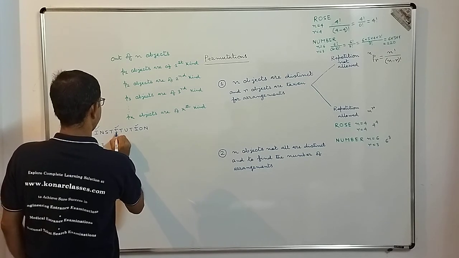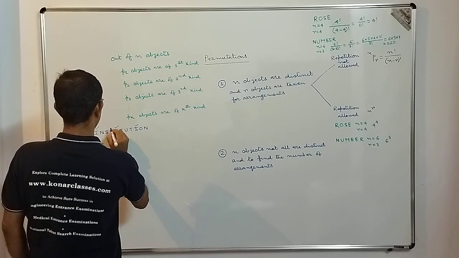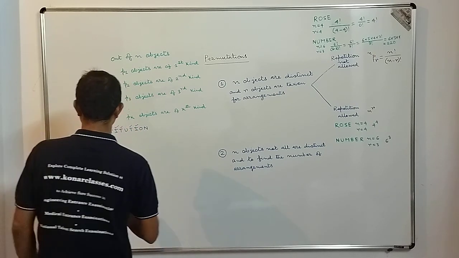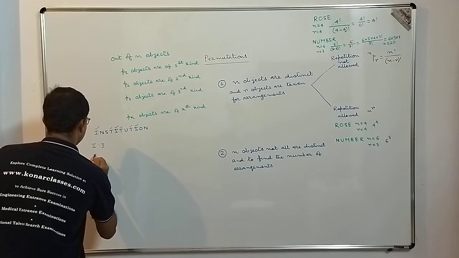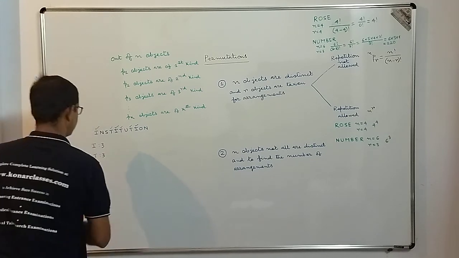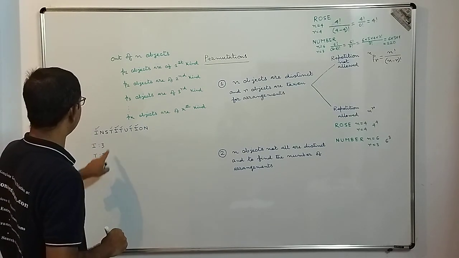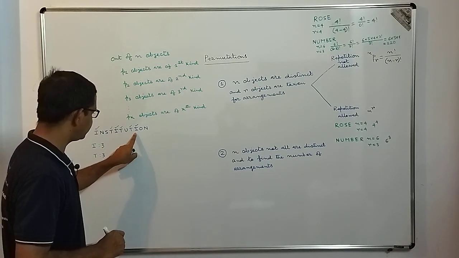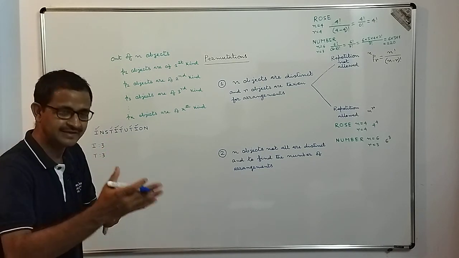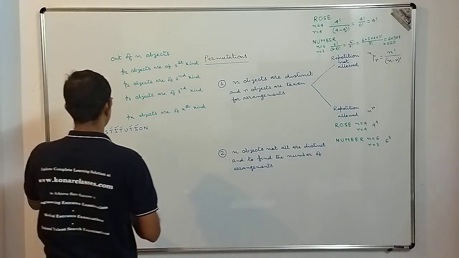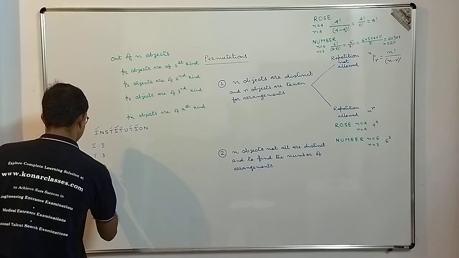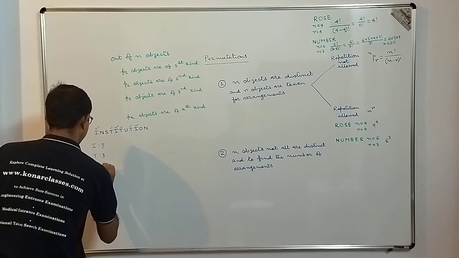And then we get T and T, that is also 3. That means there are 3 objects of second kind, all are T. Then we get another letter, N, there are 2.